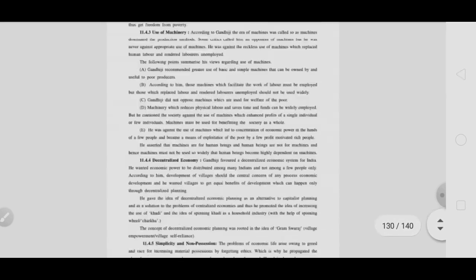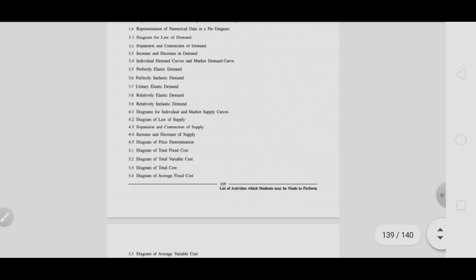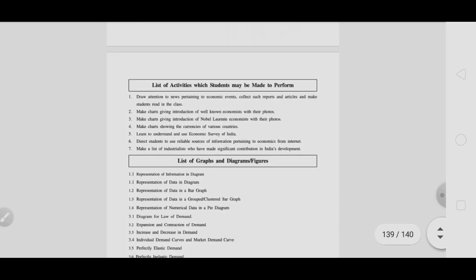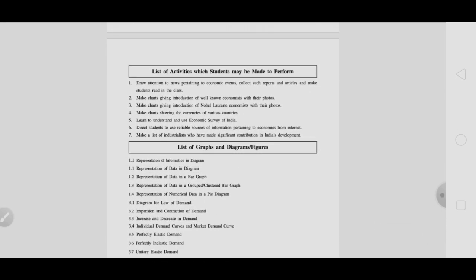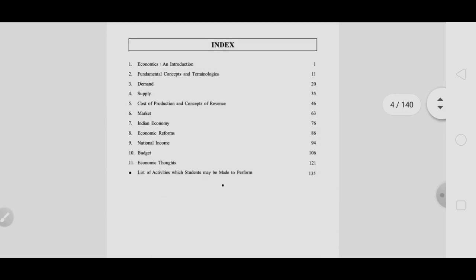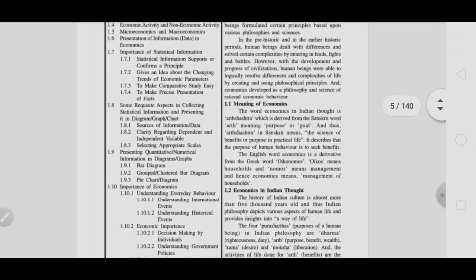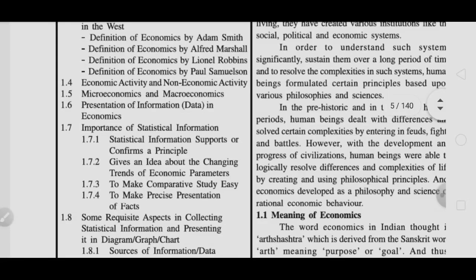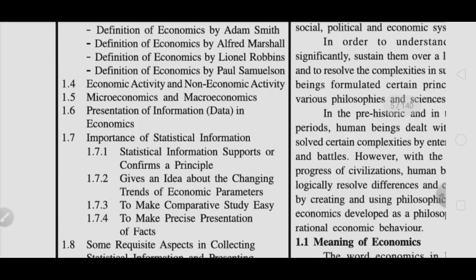In this subject we have a total of 11 chapters, and from these 11 chapters we will be able to understand the different studies or theories prepared by different authors. Basically this subject is divided into two parts, macroeconomic variables and microeconomic variables, which we discuss in chapter number 1 and in point number 1.5.